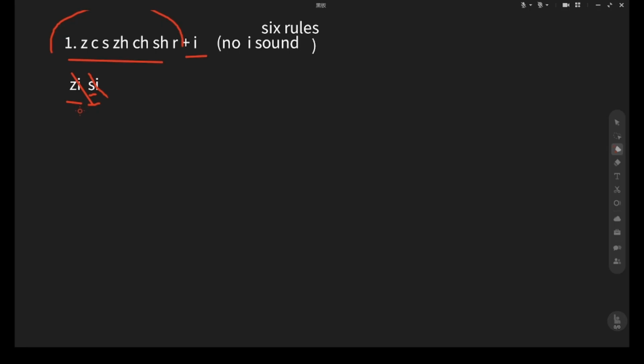Okay, I mark the tone: fourth tone. So how to read this one? 自私, yes. 自私, okay?